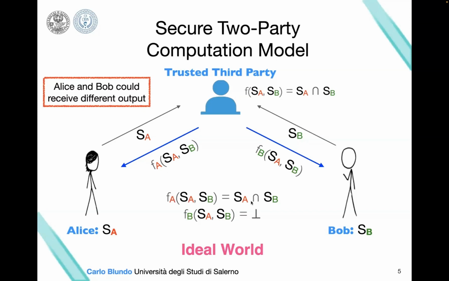So Alice will get the intersection, the elements in common between SA and SB, while Bob will get the output of this function that is none. So Bob will not get any information about the intersection. This is the ideal world.